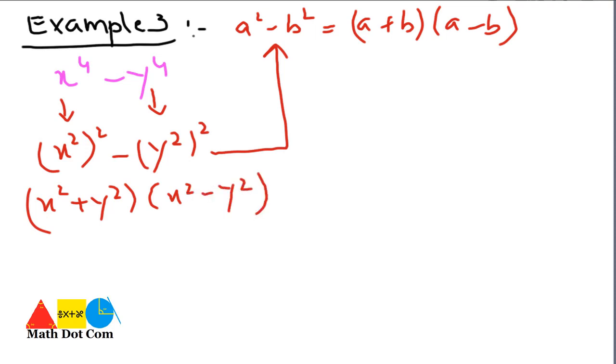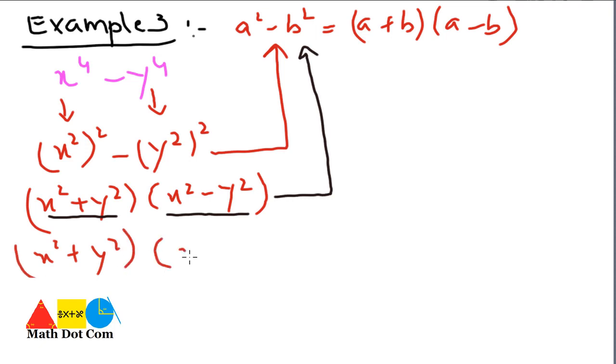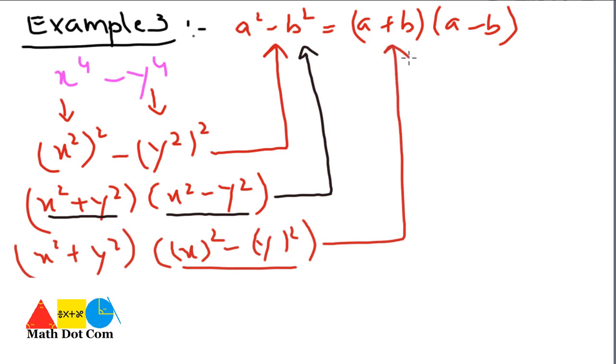Now it is clear that the first expression is okay, but the second expression is again in the form a square minus b square. So we have to further reduce it. We write x square plus y square as it is, and x square minus y square, that is a square minus b square, so we can convert it into a plus b and a minus b.